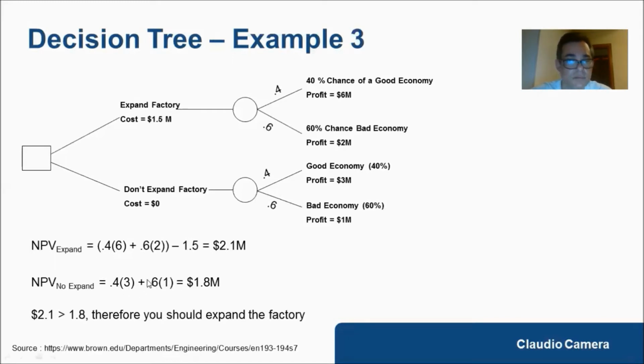Summing up 1.2 and 0.6, you're going to have 1.8 million. So as 2.1 million is greater than 1.8 million, at the decision point you're going to choose this branch of the tree because it will give you a bigger profit.